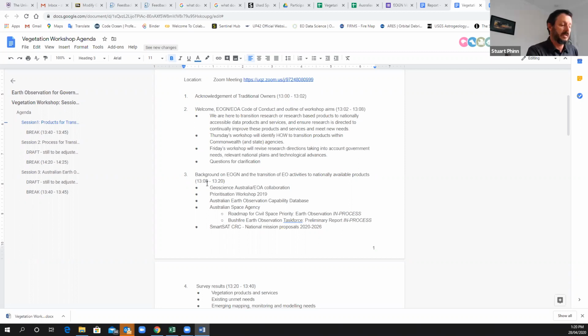It was initially the Surface Cover Information Network and then transformed to Earth Observation for Government. We've been able to operate it through Earth Observation Australia at the University of Queensland since the end of 2017. We had a slow start due to a range of things, but fortunately in 2019, we ran our first major workshop in August that year.